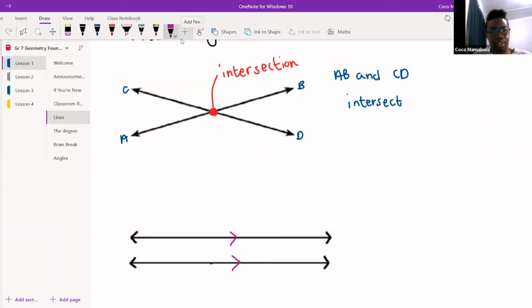Who can tell me what these lines are? Lebogang, can you tell me what we call these two lines? Can you unmute and tell me?